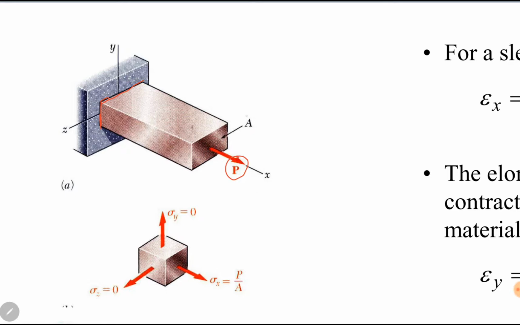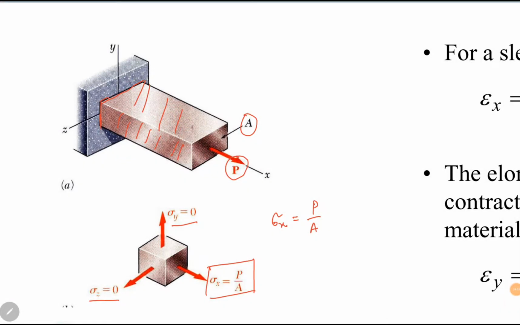This force divided by area is horizontal stress. Let me call it sigma x. It is in x direction. There is no force on the y face and there is no force on the z face, either tension or compression or shear. So sigma y and sigma z are 0. So there is only one stress in x direction and there are no stresses in the other two directions.